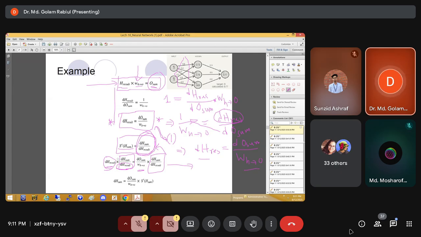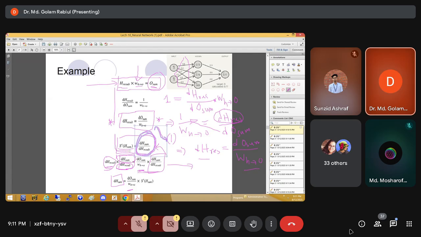What we get is just the derivative of the hidden sum here. On the other side, we will get delta output sum by WHO and delta hidden sum by delta hidden results. And what is delta hidden sum by delta hidden results?